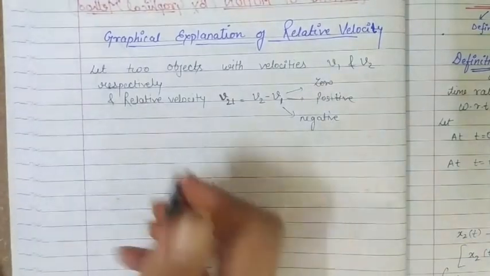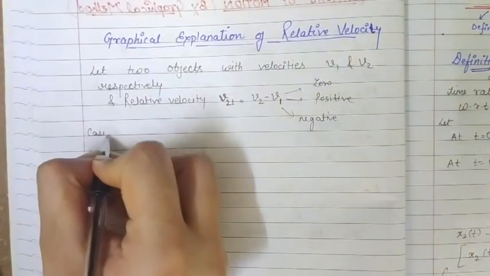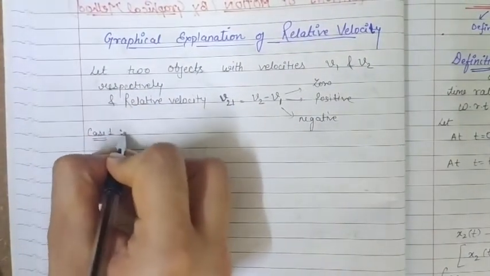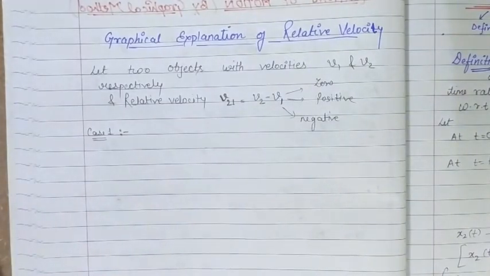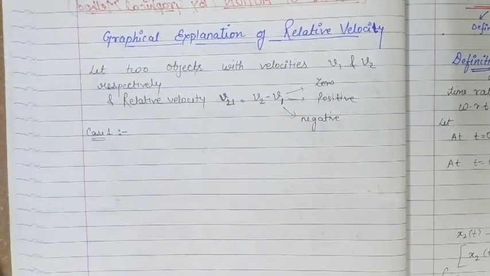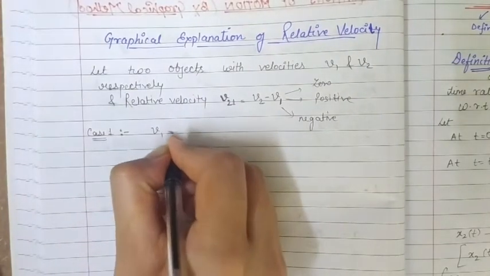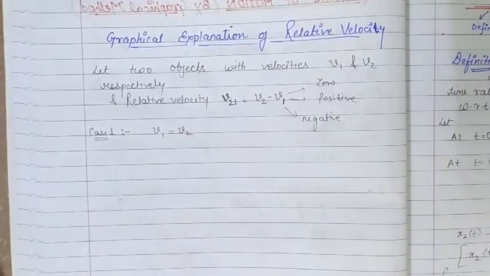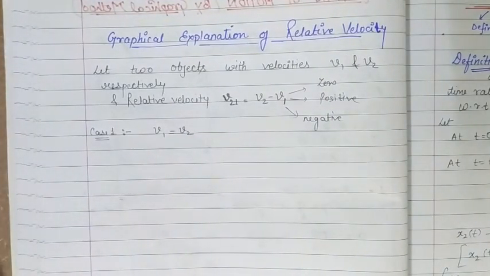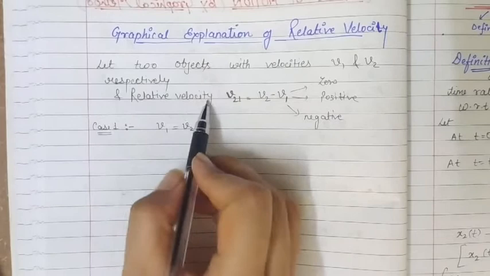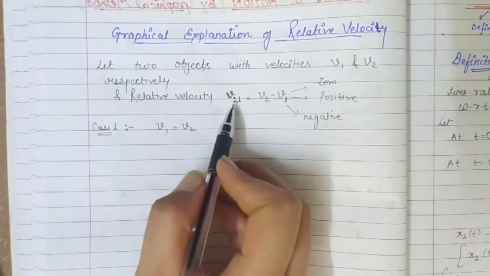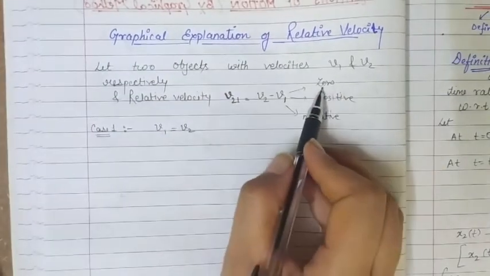Case 1, when the two objects move with the same velocity in the same direction, that means v1 is equal to v2. So the relative velocity v21 of object 2 with respect to 1 is 0.